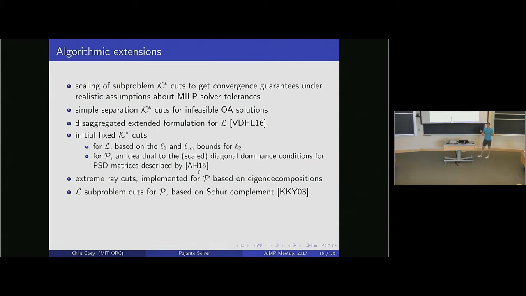We come up with a way to scale our k-star cuts that gives us certain guarantees. We internally manage a disaggregated extended formulation for the second order cone, which Juan Pablo and collaborators came up with, and which they showed greatly improves the speed of outer approximation algorithms for MISOCP. And soon after that paper was published, CPLEX and Gurobi implemented this.